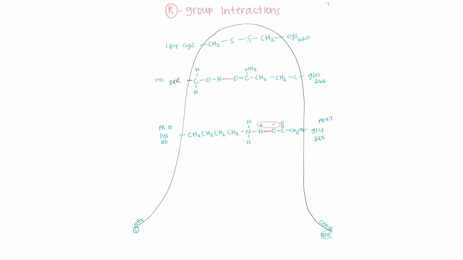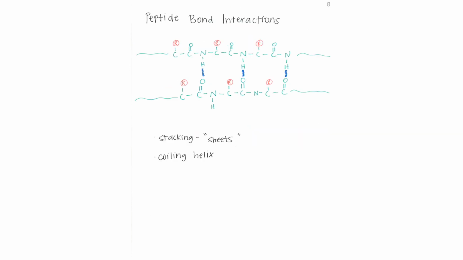Let's look at the next slide. This one basically just shows peptide bond interactions. As I mentioned, you can have the R group interactions with water, the interactions of the R groups among themselves, like we just saw, and also peptide bond interactions. So here, let me describe what's happening.